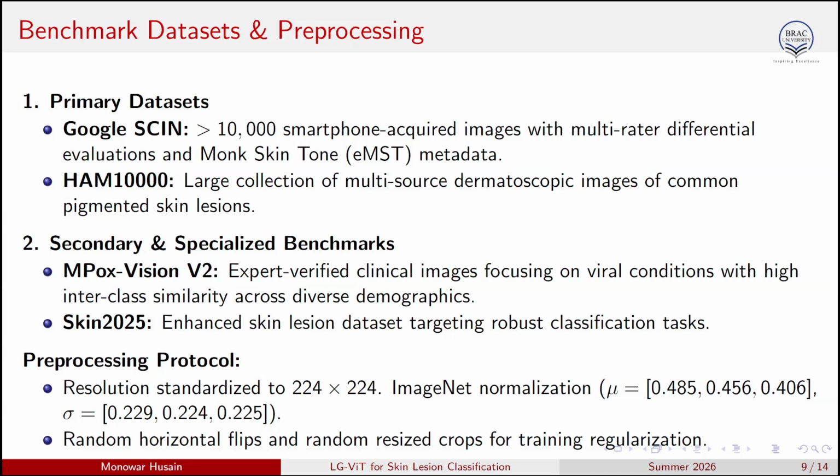For secondary and specialized benchmarks, we utilize Mpox Vision V2 and Skin 2025 to focus on viral conditions with high interclass similarity across varied demographics. All inputs are standardized to a 224 by 224 resolution with standard ImageNet normalization.